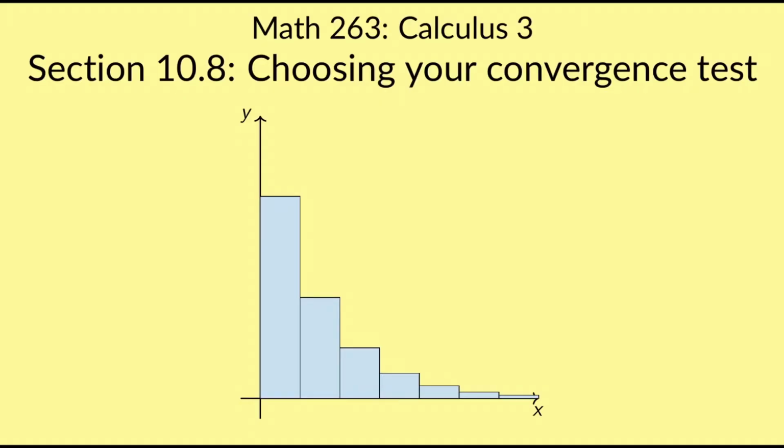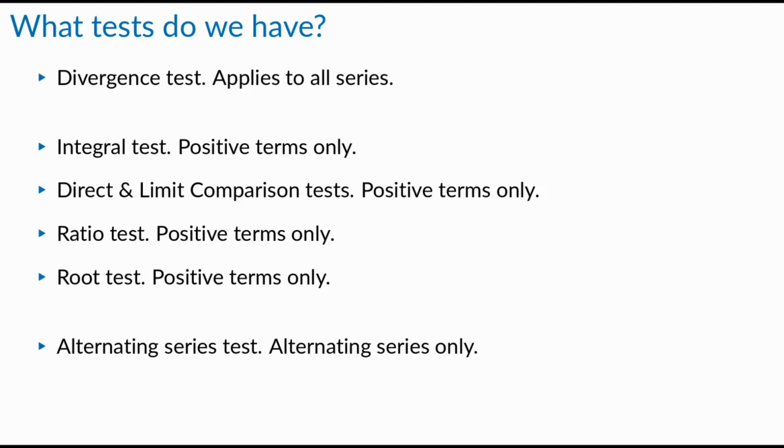Okay, so let's choose a convergence test. Before we can even begin to think about deciding which kind of test we want to use, let's think about all the tests that we have. So we have the divergence test. This applies to all series. And then we have these four tests here: the integral test, the direct and limit comparison tests.